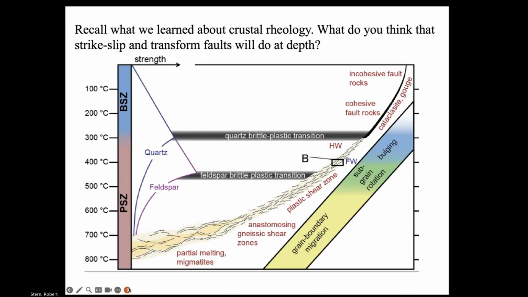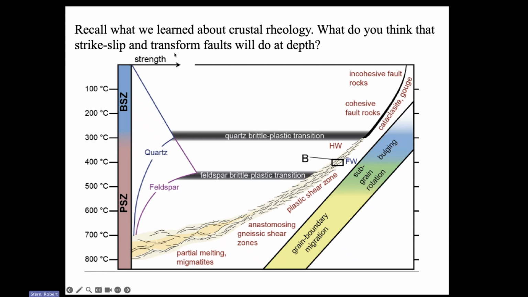So recall what we learned about crustal rheology. We've seen this diagram before, and this is what we see at the surface. We see faults, brittle failure between rocks. But as we go deeper into the crust and encounter higher and higher temperatures, the deformation changes character.